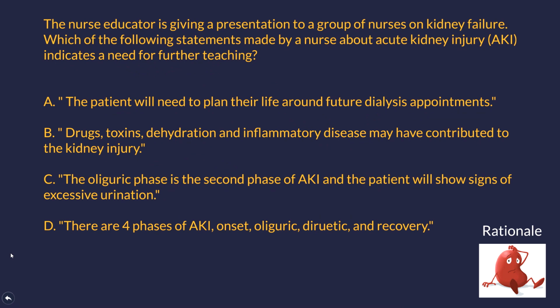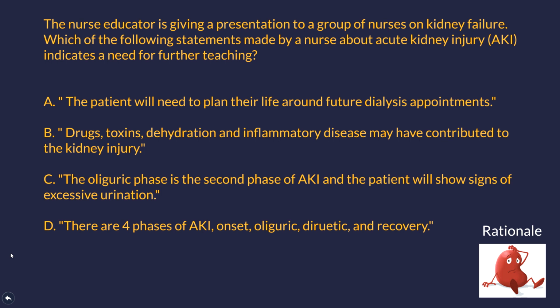All right, it's time for mini game number 4. I hope your kidneys still have some lives left and maybe even gained a few. The nurse educator is giving a presentation to a group of nurses on kidney failure. Which of the following statements made by a nurse about acute kidney injury, or AKI, indicates a need for further teaching? A. The patient will need to plan their life around future dialysis appointments.